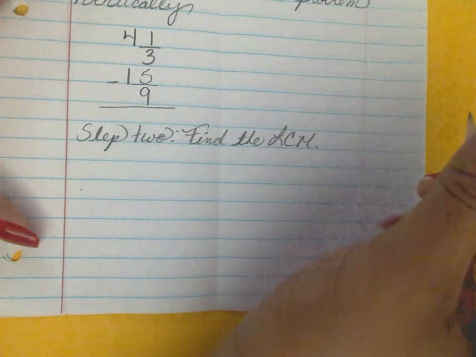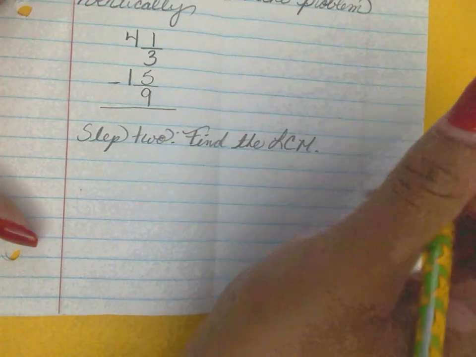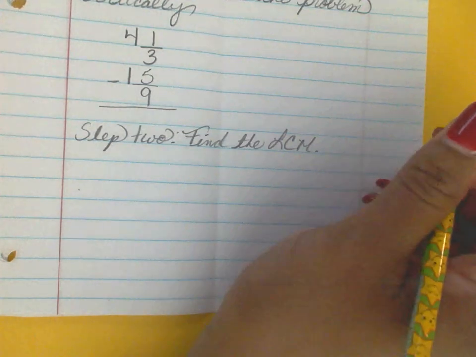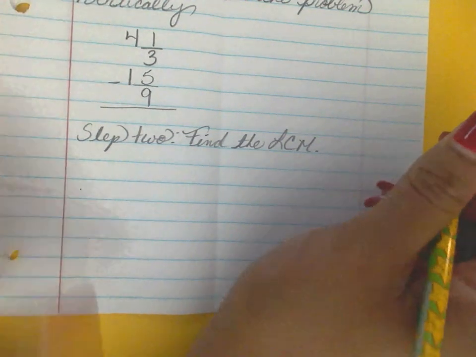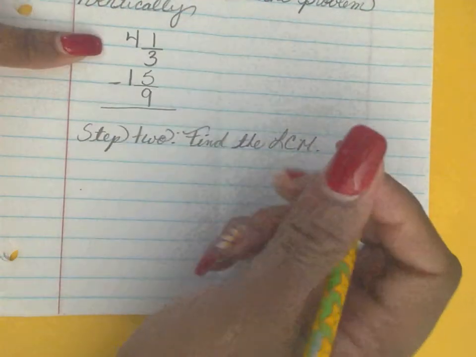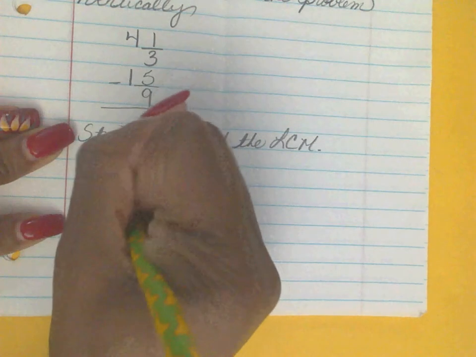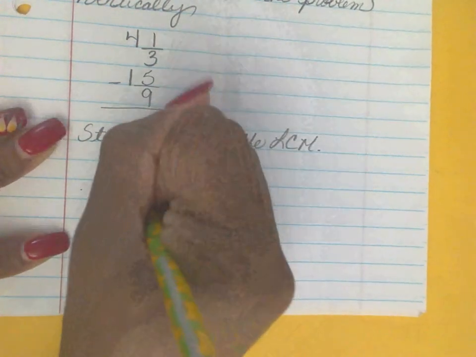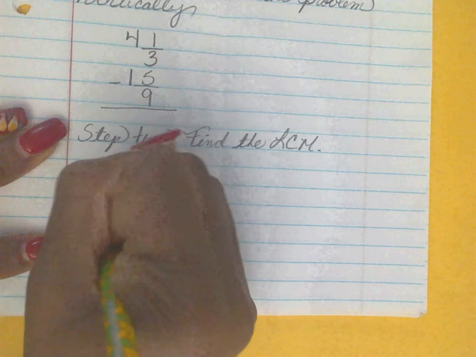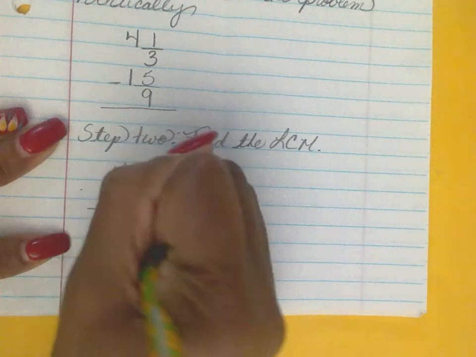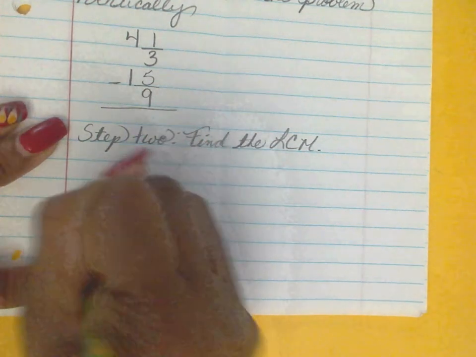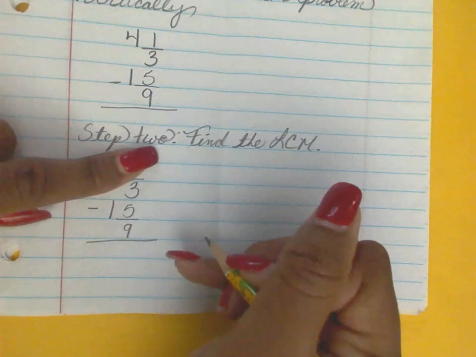A good habit to do during this homework is to repeat the steps out loud as you do them. So the first step, you write the problem vertically. So I write 4 1/3, subtract 1 5/9. Then I do step 2, which is find the LCM.